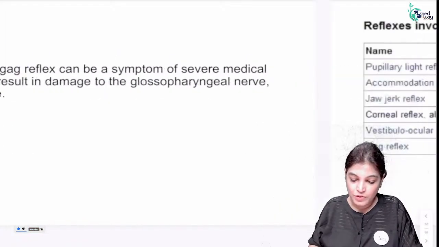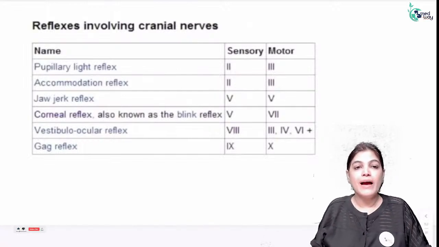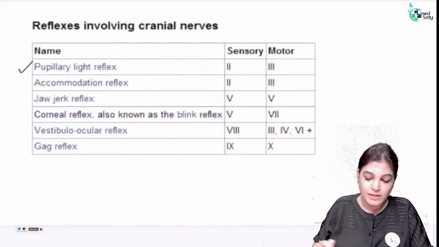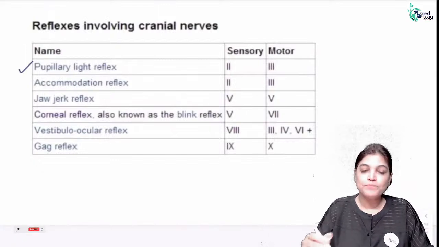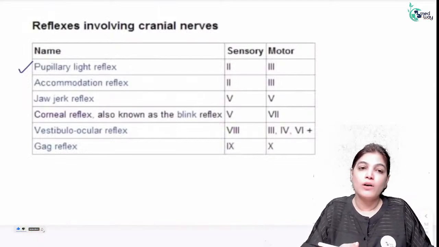Also, it is important that you know about the reflexes involving cranial nerves. We have the pupillary light reflex, and when we talk about the pupillary light reflex, the nerves involved are the second cranial nerve and the third cranial nerve, the optic nerve and the oculomotor nerve.